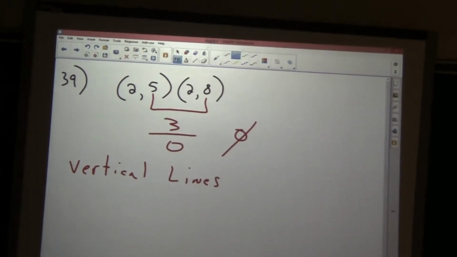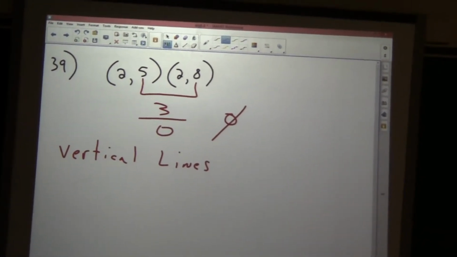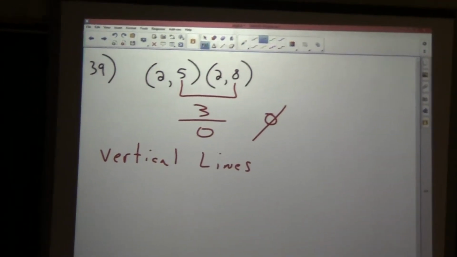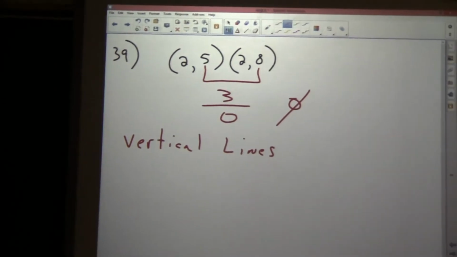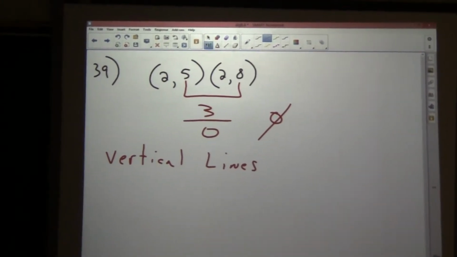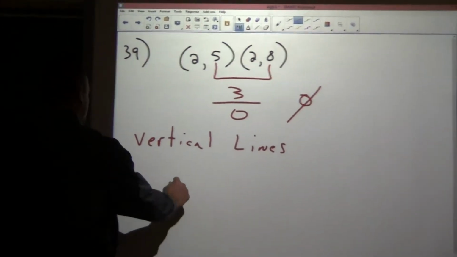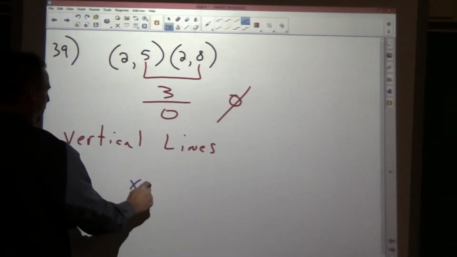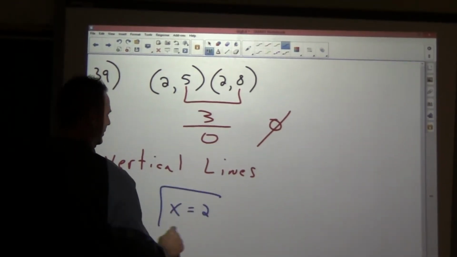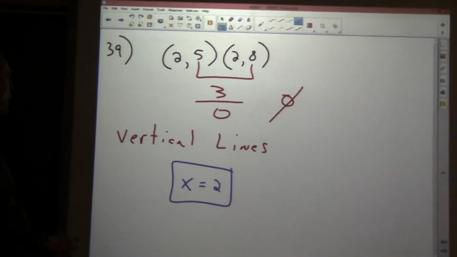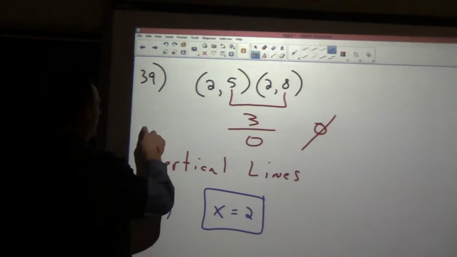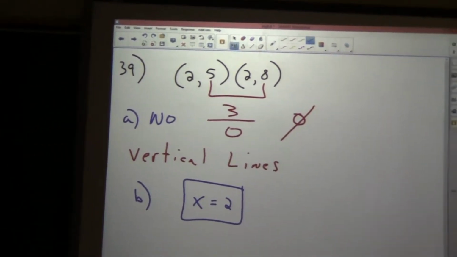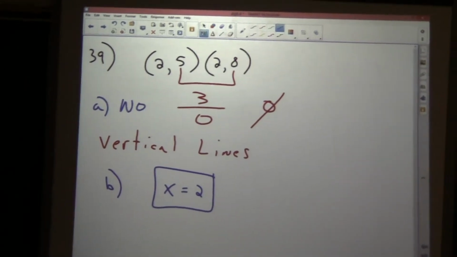And someone tell me for part B, what is the equation of this line? x equals 2. Now, some of you are probably thinking, well, how did he get 2? Part A would be no, obviously. We'll just prove that. Well, think about the vertical line.